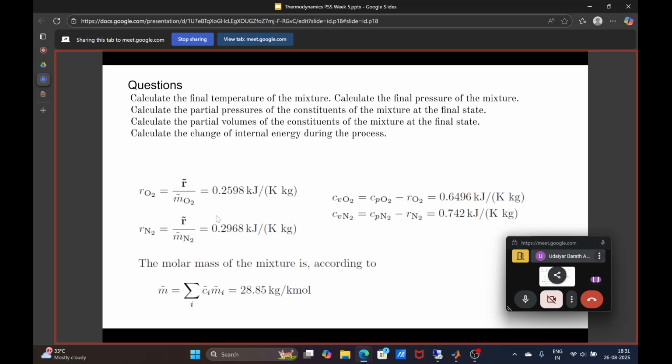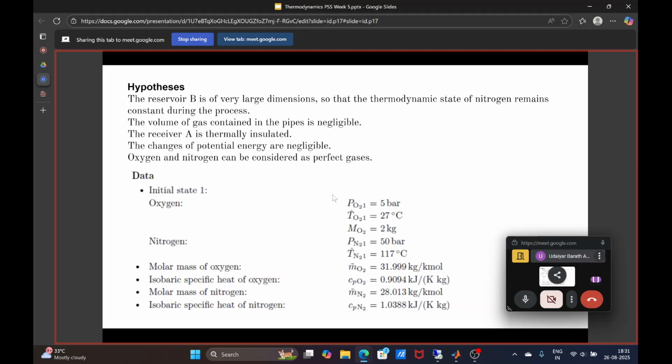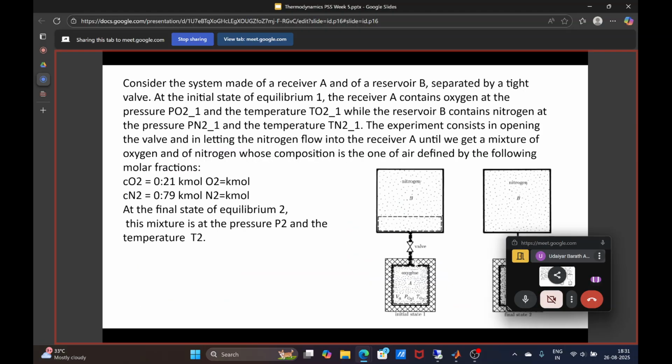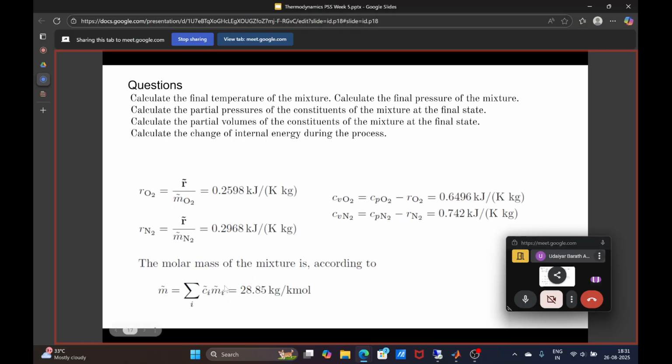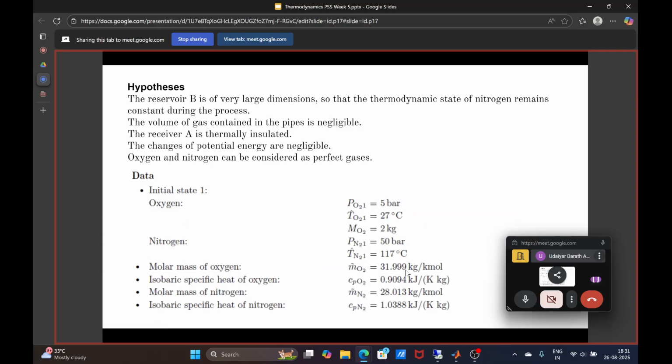Now we know that the gas forms a mixture of nitrogen and oxygen inside the tank, and we also know the composition in which it has been formed. So it is given the molar fractions are 0.21 and 0.79. So using that we can find out the total molar mass. Since molar mass here is in kg per kilomole, you have to multiply it with the molar fractions.